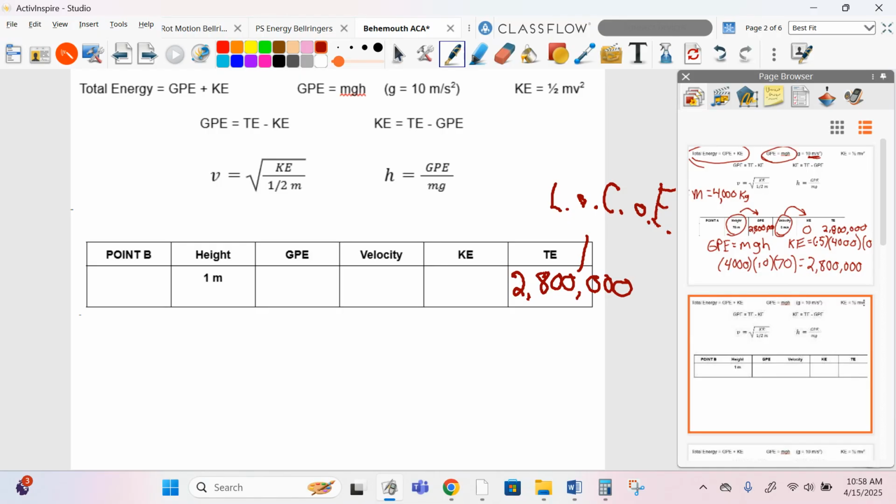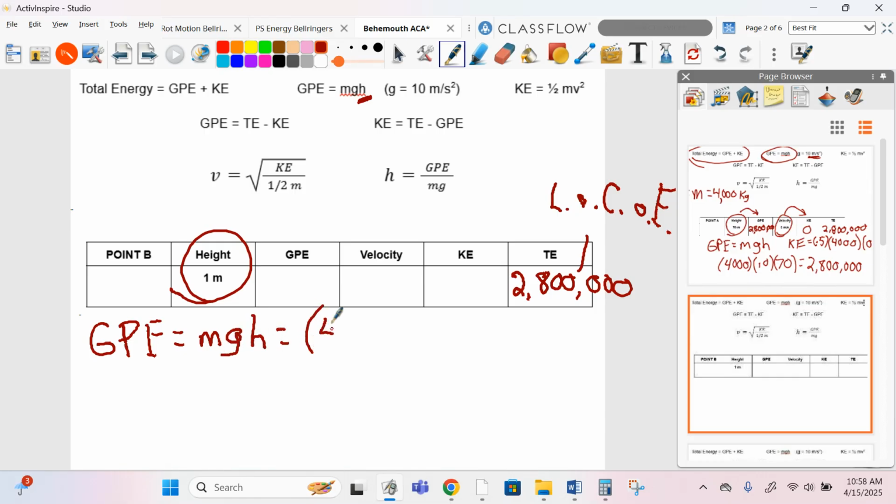Now, what information is given to me at location B? At location B, I know the height. If I know the height, I want to calculate first the energy due to height. Which one has h? That is GPE. So if I'm going to find the GPE of the coaster at this point, when it has a height of 1 meter, I'm taking mgh.